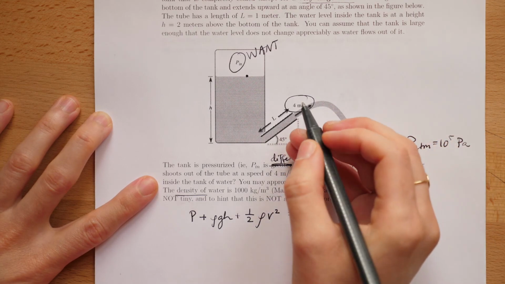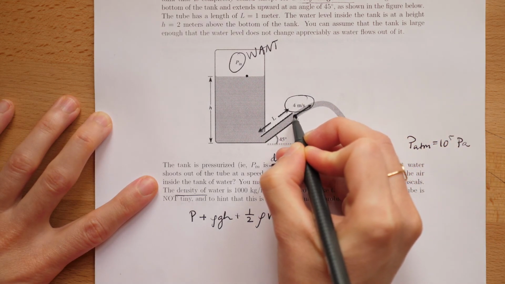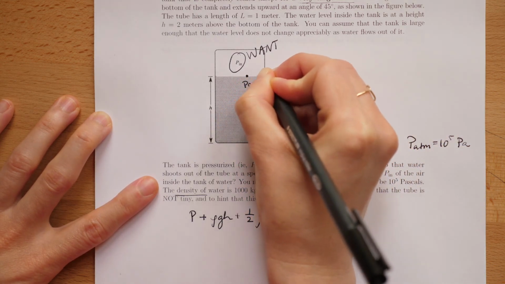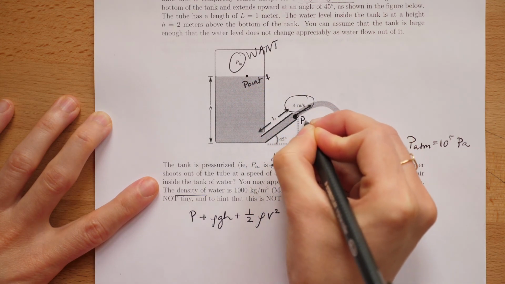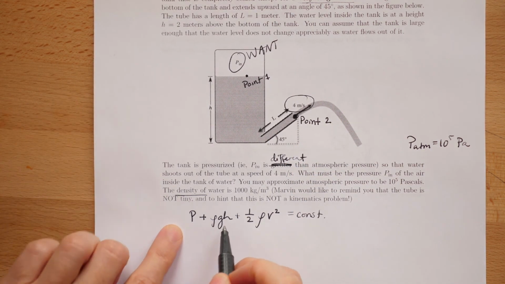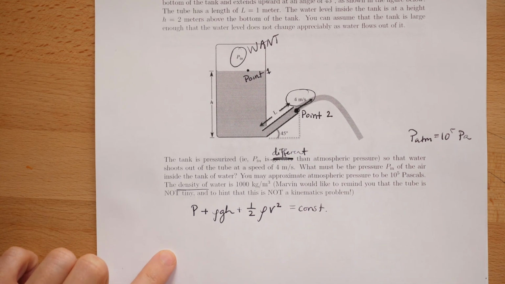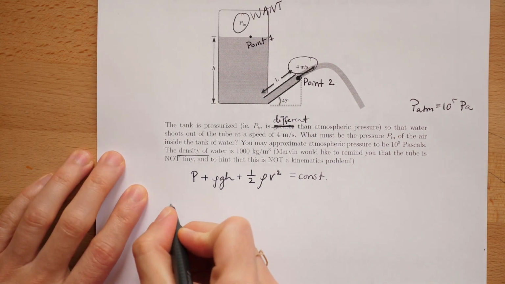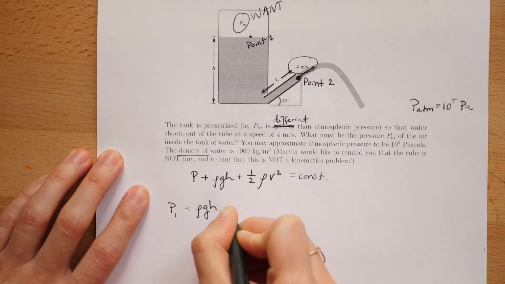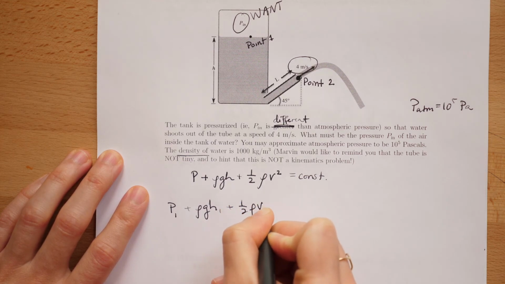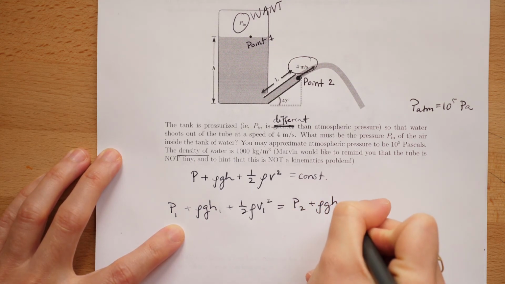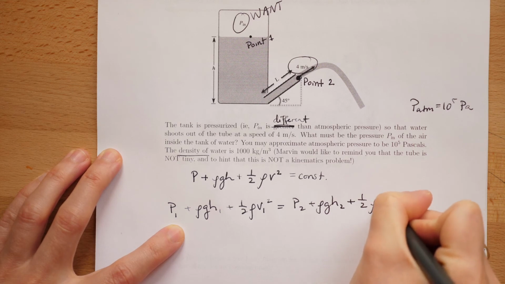And then we have some information about the fluid flow at this point right here. So let's say this is point 1, and this right here is point 2. Let's do Bernoulli at point 1 and compare it to Bernoulli at point 2. So we'll have the pressure at 1 plus rho g times the height at 1, plus 1/2 rho v1 squared, equal to the pressure at 2 plus rho g times the height at 2 plus 1/2 rho v2 squared.